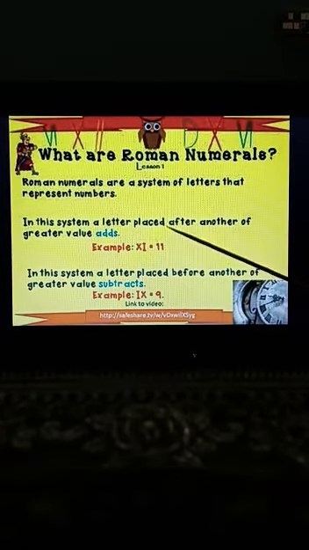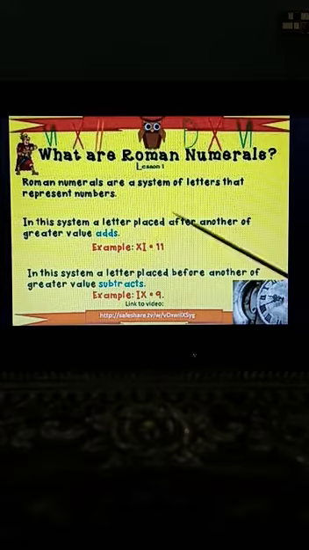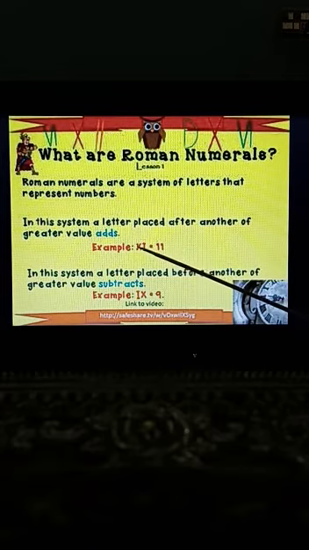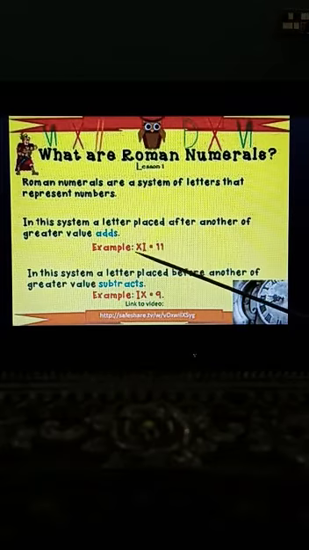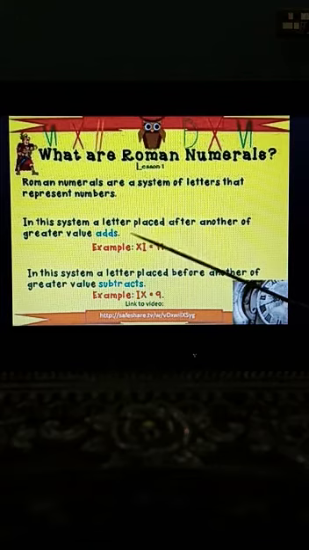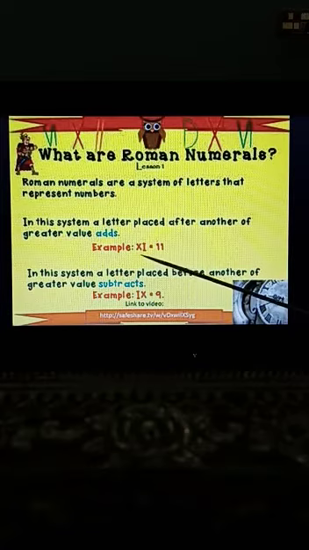In this system, a letter placed after another of greater value adds. This X shows the tens, the greatest value. If any number is written after it, it will be added to it. Like this is 10 and this 1 is added, so the whole number becomes 11. But if this 1 is written before the number, then it will be subtracted.